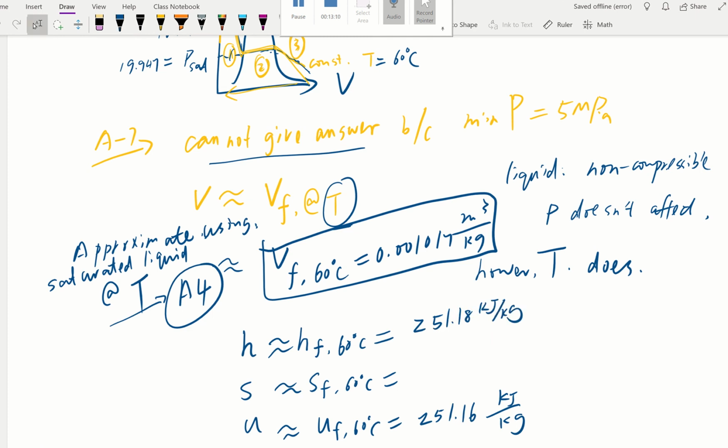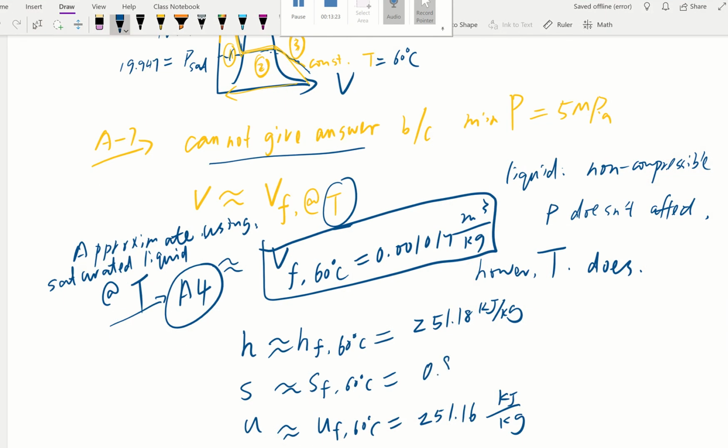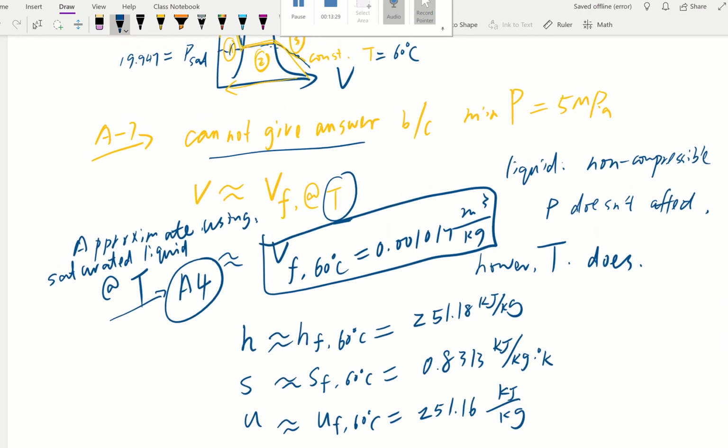And our S is going to be Sf, which is 0.8313 kilojoule per kilogram per Kelvin. That's all for this problem.